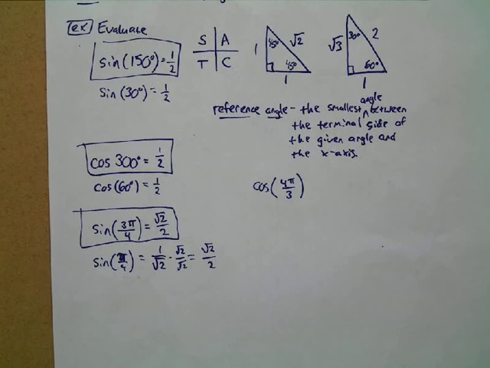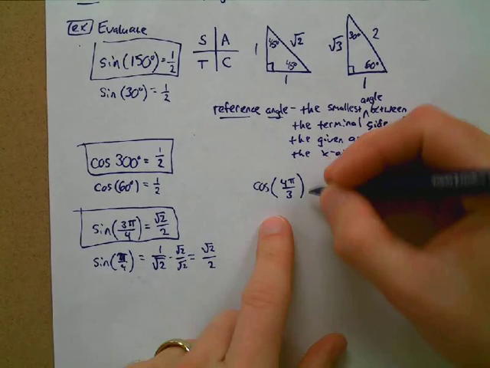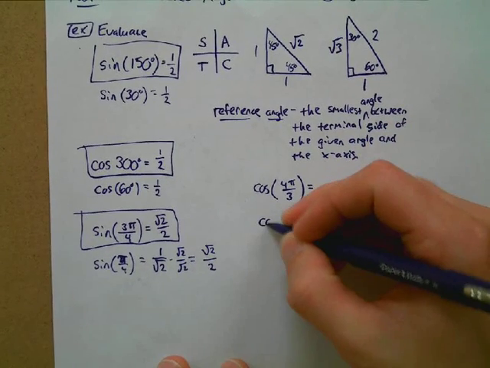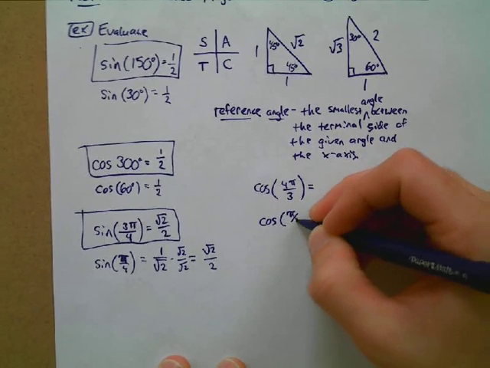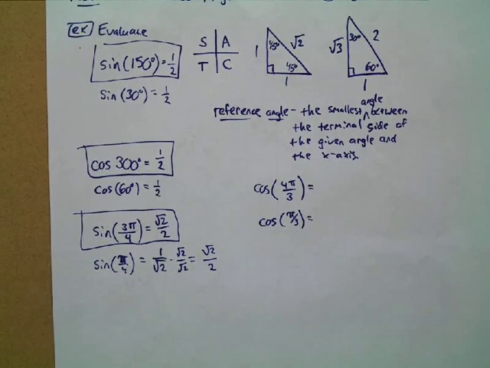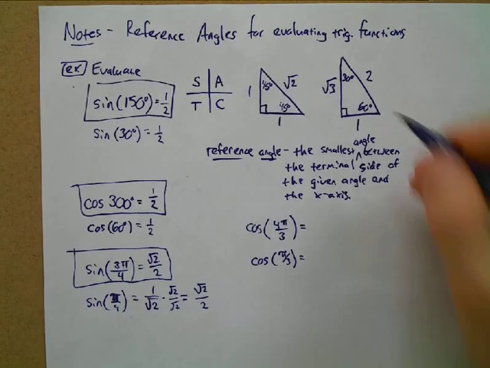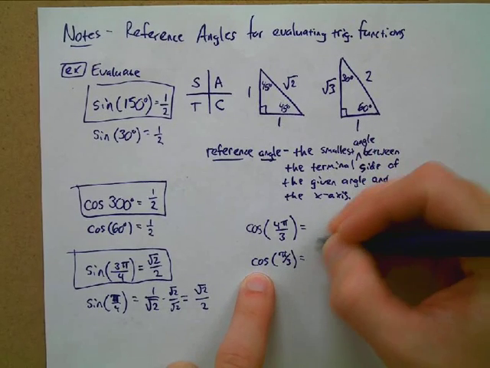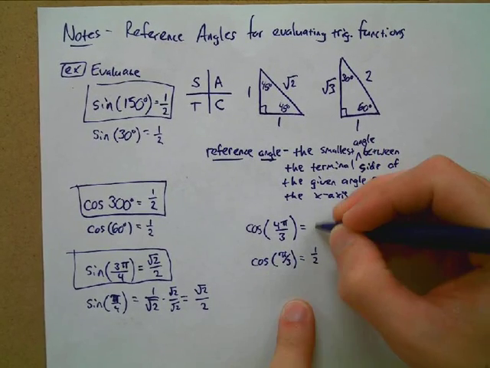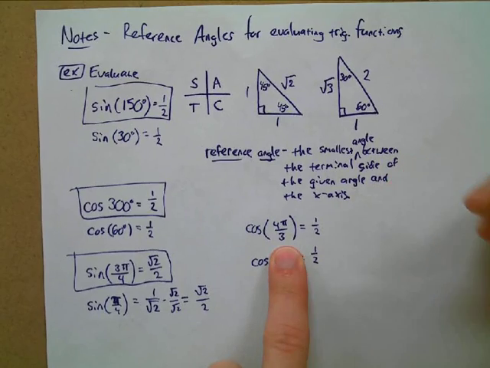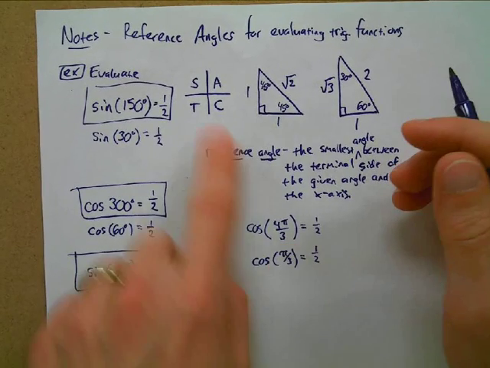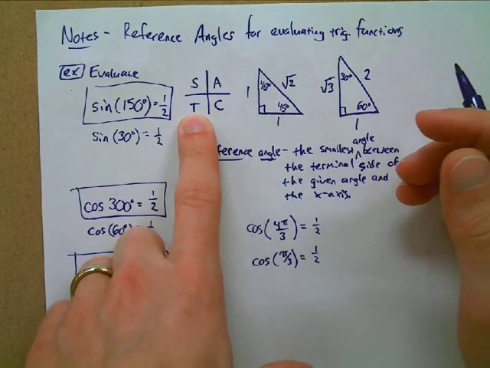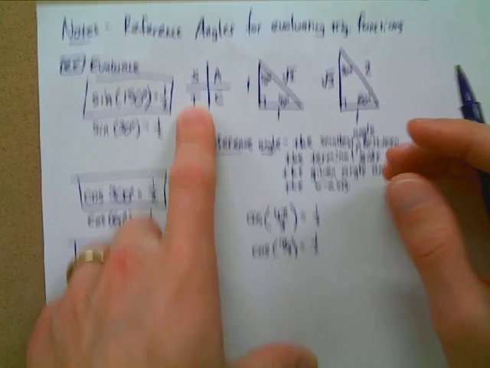Pi over 3 is what angle in degrees? 60, so we go to 60 here. Cosine is adjacent 1 over hypotenuse 2, so it's 1/2. What quadrant is 4 pi over 3 in? The third one. In this one, tangent and cotangent are the only positive ones. So cosine of 4 pi over 3 should be negative 1/2. That's our answer.